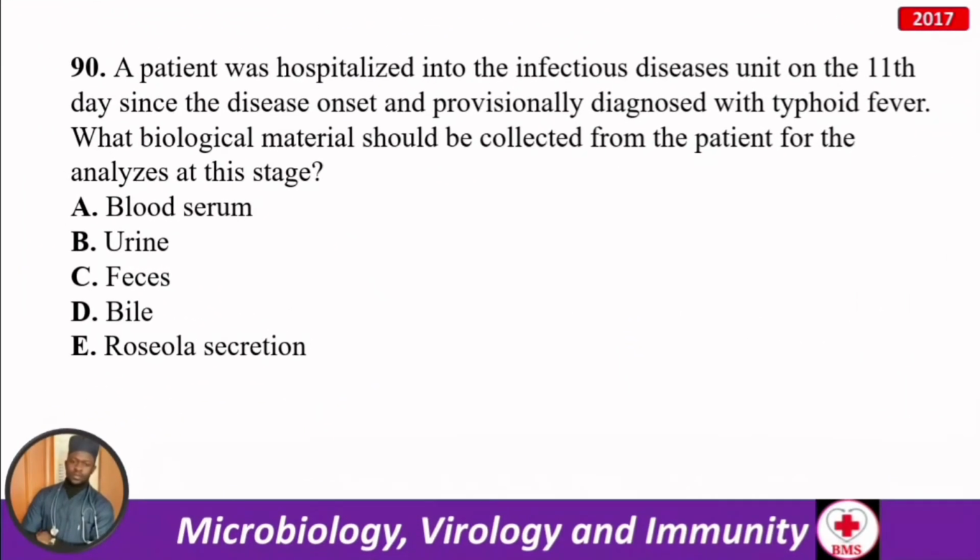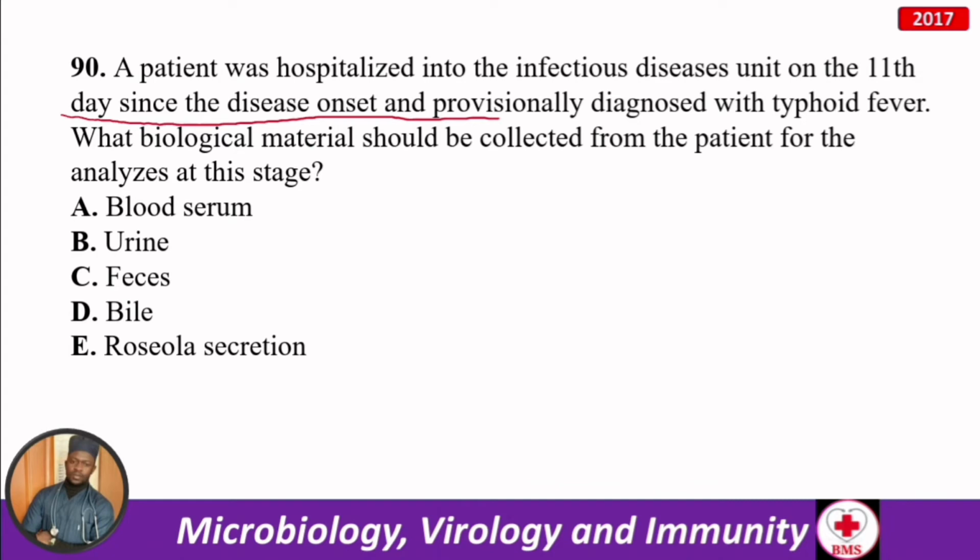A patient was hospitalized into the infectious disease unit on the 11th day since the disease onset and provisionally diagnosed with typhoid fever. What biological materials should be collected from the patient for the analysis at this stage?